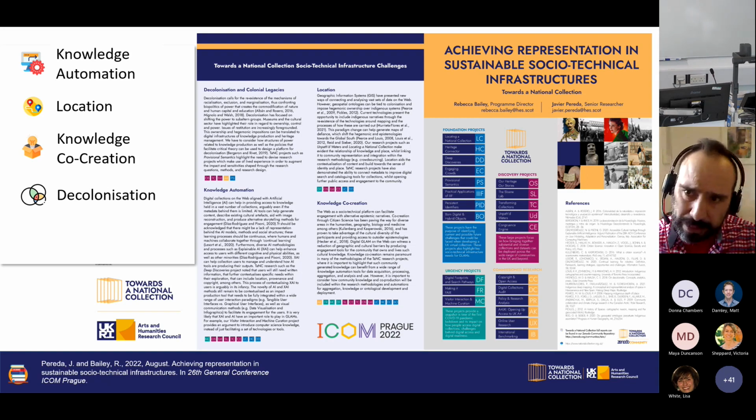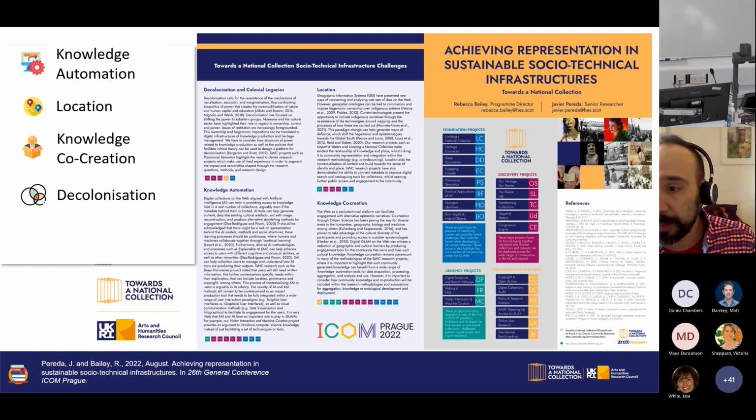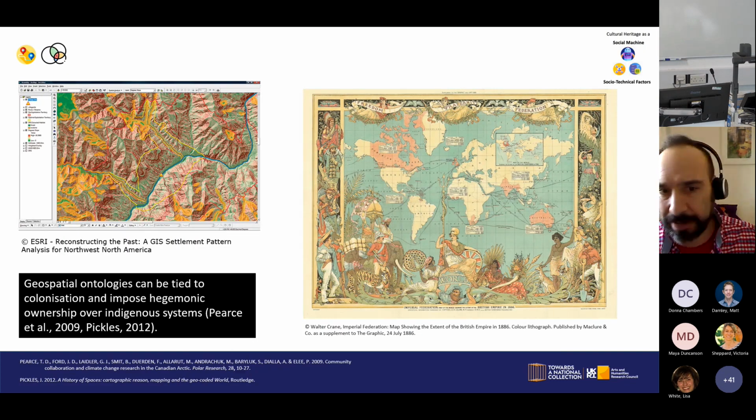What I have isolated as groups is basically the problems that we have: knowledge automation, so the knowledge that is generated by the computer; place, so location and spatial systems; and knowledge co-creation. So how do we embed the knowledge from the communities, and also embed that decolonial practice and decolonial knowledge from different parts of the world within a computational system that eventually fits within the UK system. So as an example, maps, place.